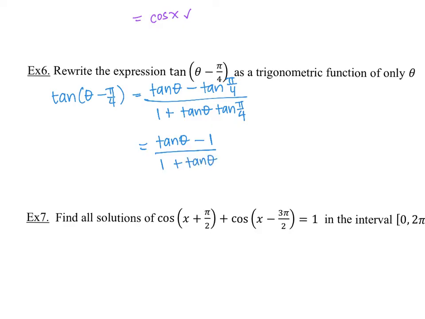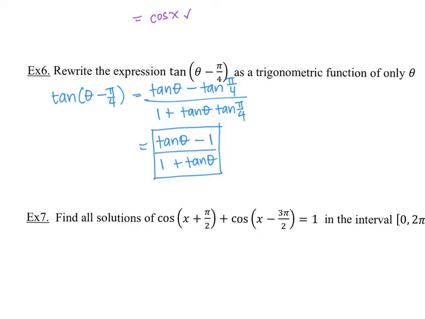The tangent of pi over 4 is just 1. So I get tangent theta minus 1 over 1 plus tangent theta. And this is a trigonometric function of only theta, because whenever I wrote tangent, it just had a theta here as opposed to a theta minus pi over 4. But that's just to give you an idea of how you plug into the tangent formula.